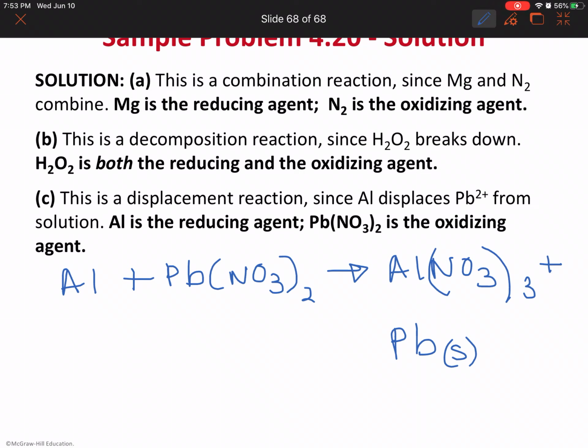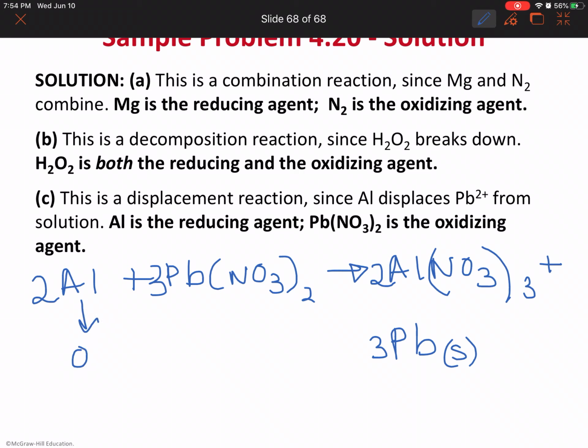So aluminum is +3, nitrate is -1, so aluminum nitrate. So okay, we can balance it. So aluminum here, oxidation number 0.